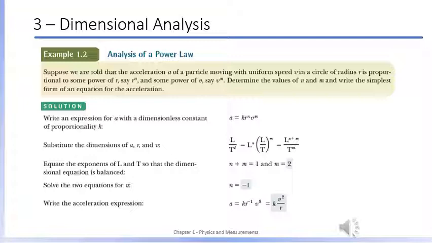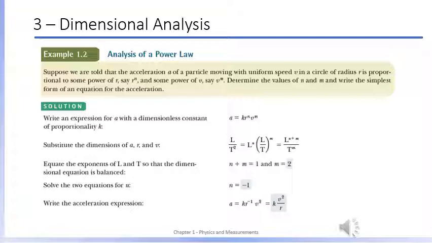Now if you're doing dimensional analysis, the dimension of acceleration is L over T squared. k is a proportional constant, so it doesn't have any dimension. For r to power n, the dimension of r is L, r is a distance, so L to power n.